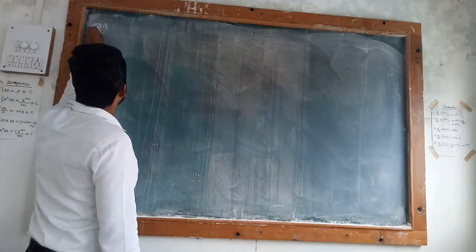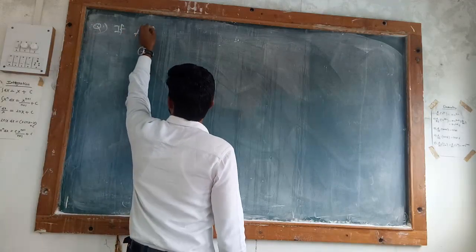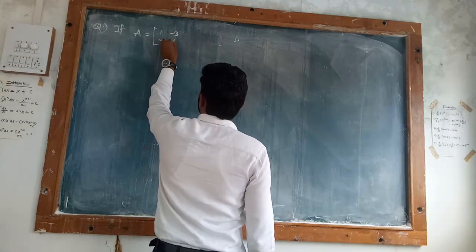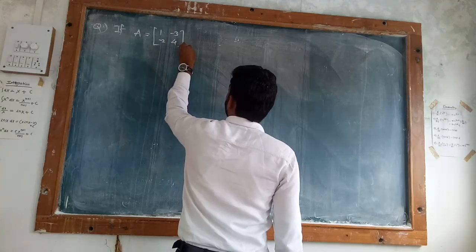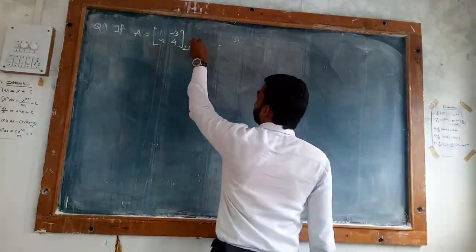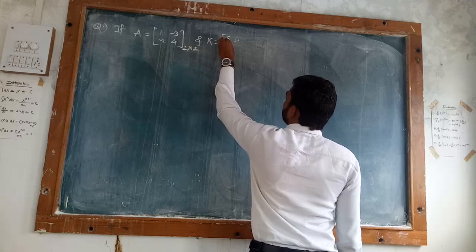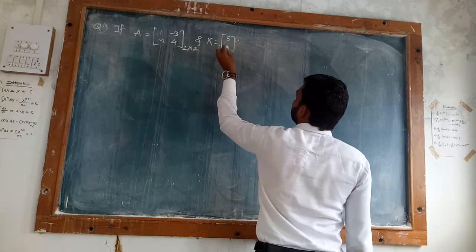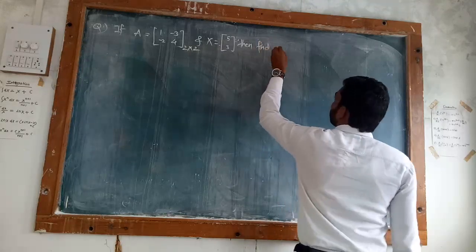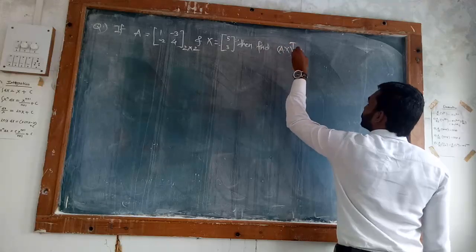If your A matrix is 1, -3, -2 and 4, this is a 2 by 2 matrix because it has 2 rows and 2 columns, and your X vector, a column vector, is 5 and 3, then we have to find A into X, its whole transpose.